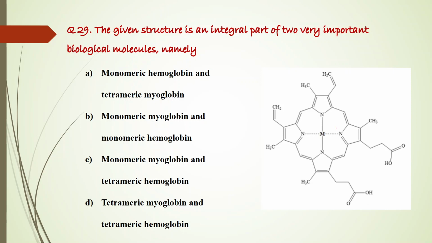What is myoglobin? It is a monomeric protein. And what is hemoglobin? It is a tetrameric protein. So our correct option should be option C, that this given biological molecule, porphyrin, is very important for monomeric myoglobin and tetrameric hemoglobin molecules.